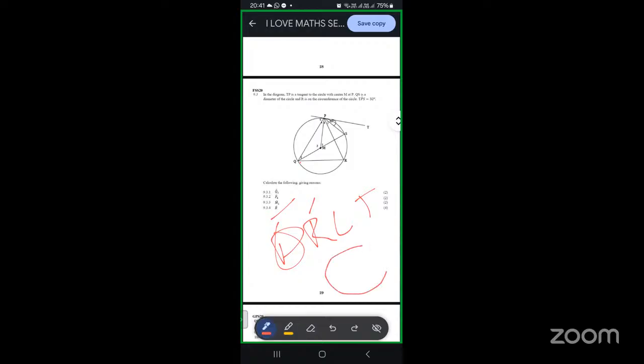So now let's come to this one. A, B, C, D. Is this a cyclic quad? Yes, sir. It touches the circumference on all points. All right, I agree.